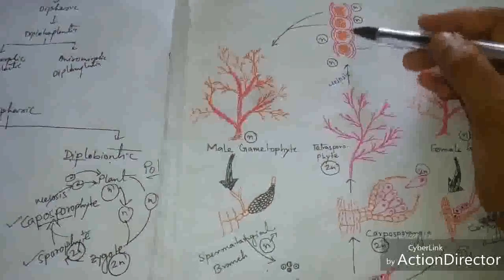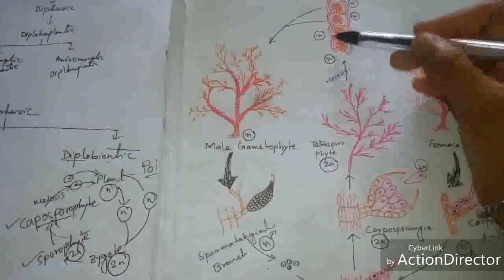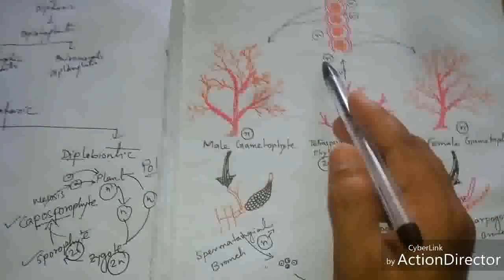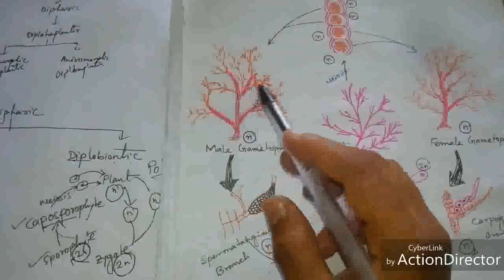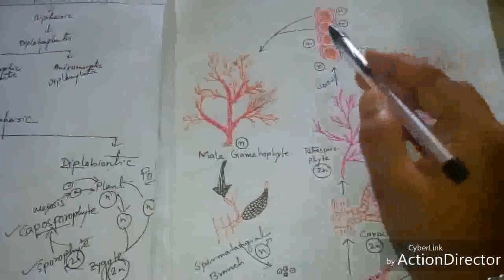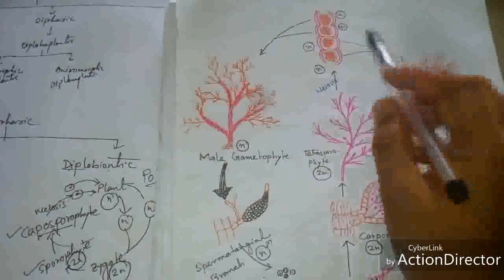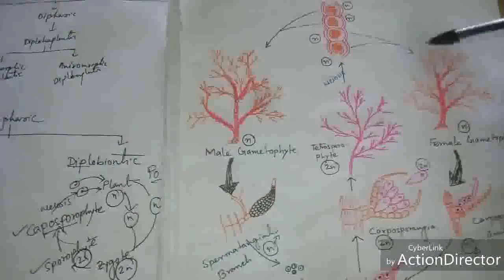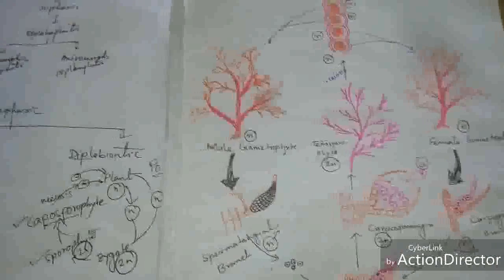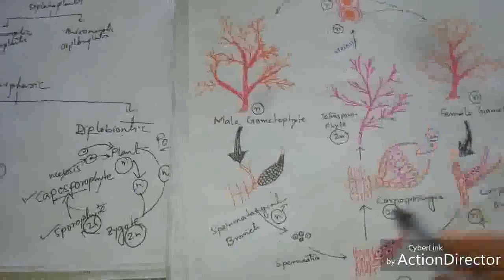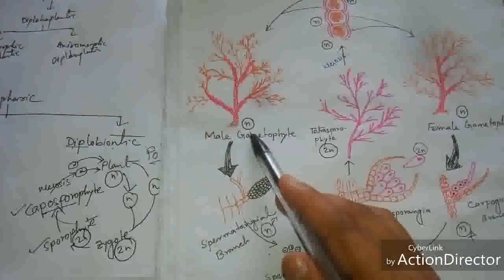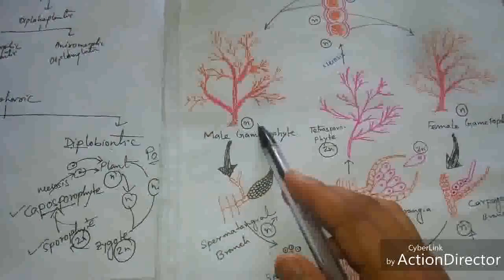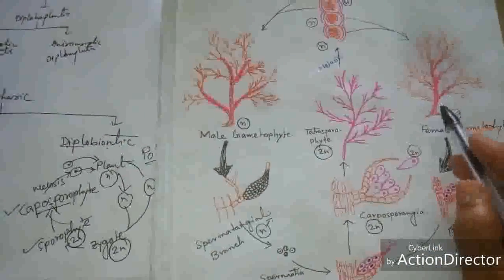Out of four haploid spores, two produce male gametophyte thalli, and another two spores produce female gametophyte thalli. So here we find that the male gametophyte is haploid type, and the female gametophyte is haploid type.